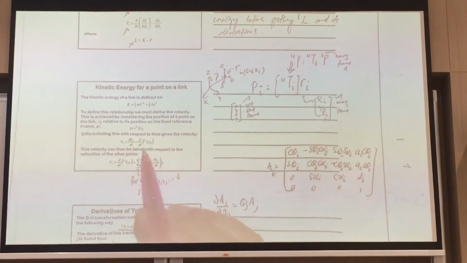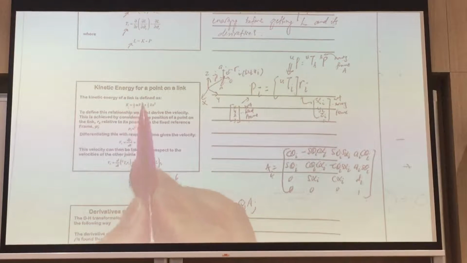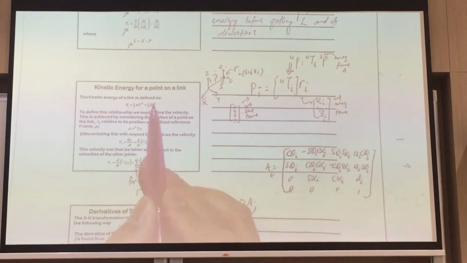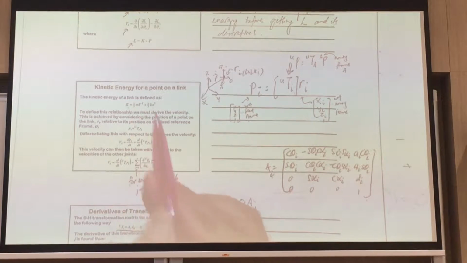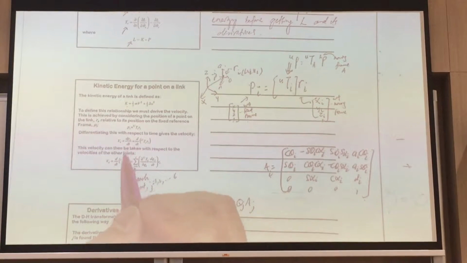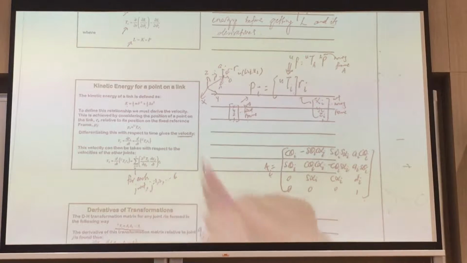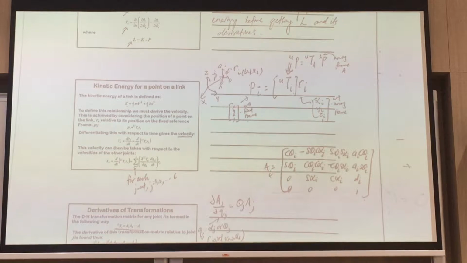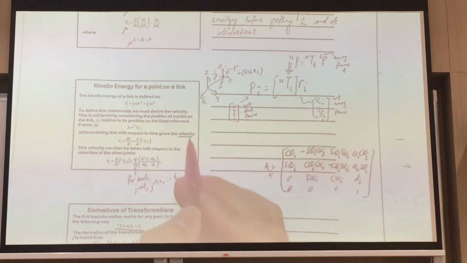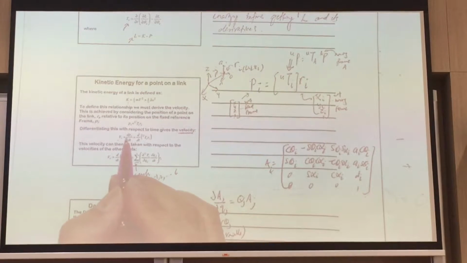Let's look at the slides here. Kinetic energy has one linear part and one rotational part. We talked about this just now in the previous example. We are going to see how to get the velocity of a particular point Ri on link i. To get the velocity, we have to differentiate the position with respect to time.